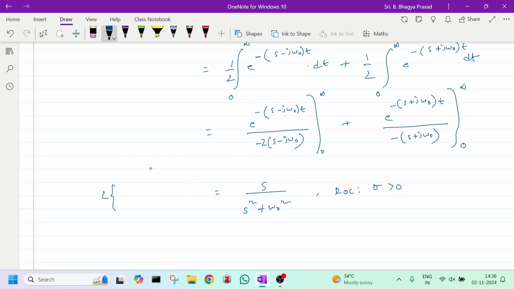So the Laplace transform of cos omega naught t u of t is this one.